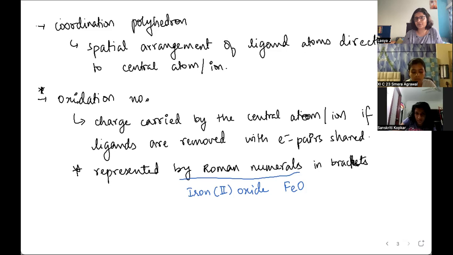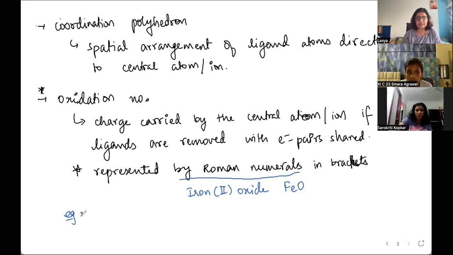Another reason this is important is that you may be asked to calculate the oxidation number. You may be given a coordination compound, some complex compound, and asked, what is the oxidation number on cobalt in this? That sort of question can also come. We'll do a couple just to practice.